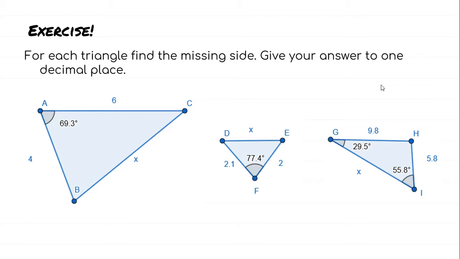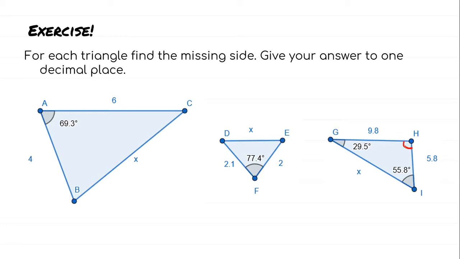Okay, so this is the exercise that I want you guys to do. So pause the video and have a go at these 3 questions. In each one, what I want you to do is work out the value of X. And at this point, I'm going to give you a bit of a clue for the third one.